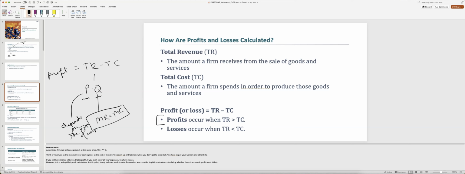If the costs are greater than the revenue, then we have a loss, a negative number. To calculate the total revenue, take price times the quantity. The price will be determined by the nature of the competition between the firms, and the quantity will be determined by the point where the marginal revenue is equal to the marginal cost.